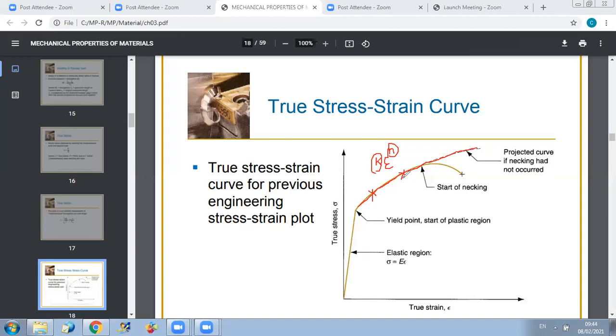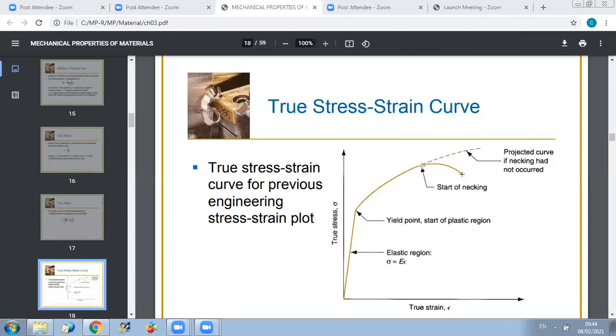And once we do this, if we extend this graph, we can see a separation point. This is called the flow curve, if we don't have necking. And if we compare with the actual curve, we can see a separation point between the two.